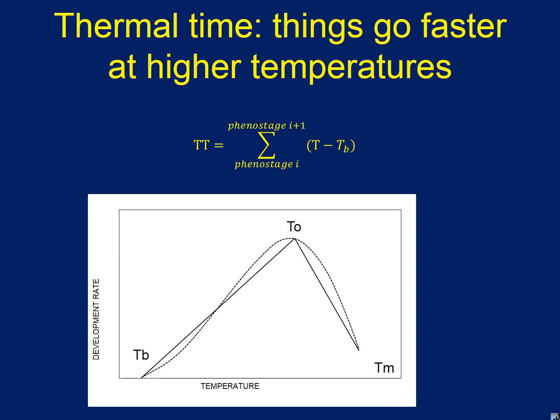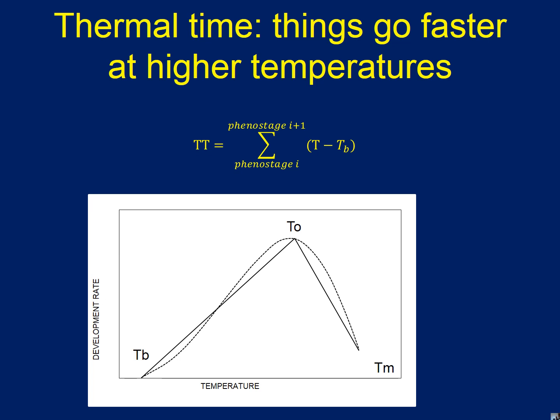The straight line intercepts the temperature axis at Tb, which is the base temperature for development, and goes to a maximum value at To, which would be the optimum temperature for development. For much higher temperatures, the rate of development will decrease.